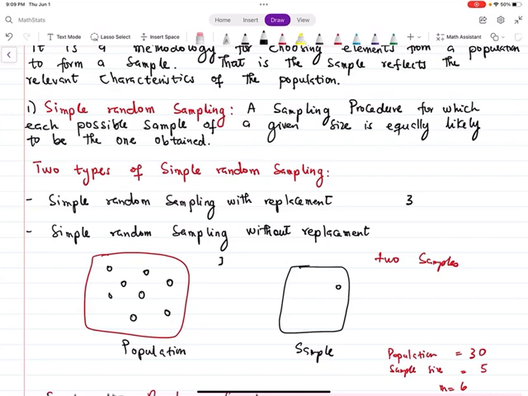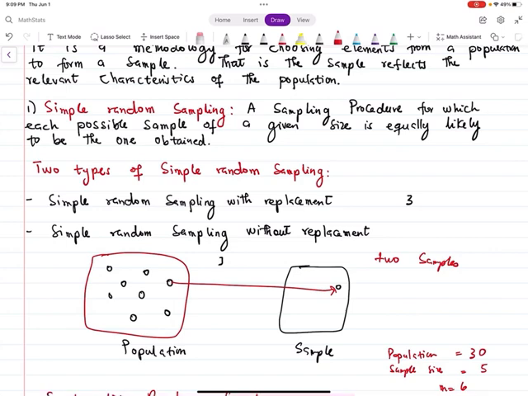With replacement means that if I decide to choose this guy here, I'll put that guy back again and choose. Does it make sense? I'll do that 3 times, which means there's a chance that you could choose an individual twice.